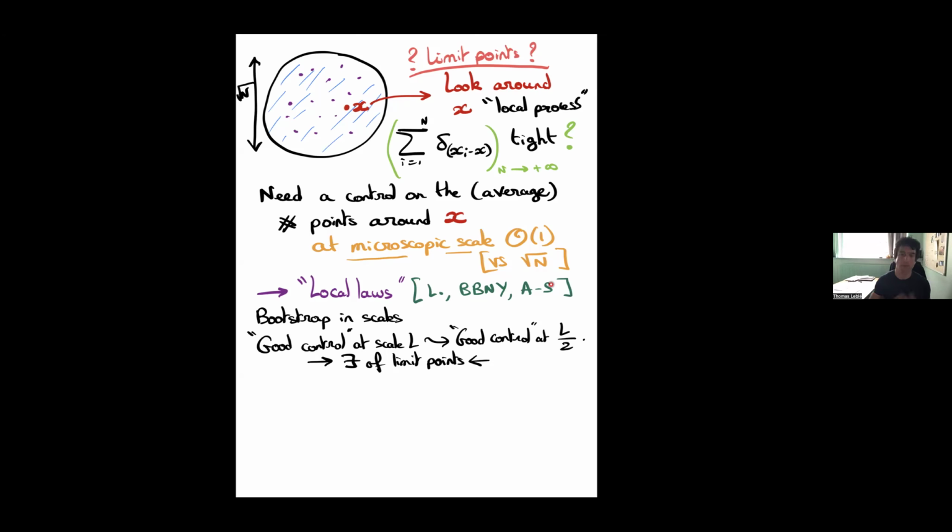And Armstrong and Serfaty revisited those methods in a better way. In particular, they are able to reach the microscopic scale, which is really what you need in order to prove existence of the limit points. And I should say it's existence by compactness in some topology that's not completely satisfying, but it gives you something.